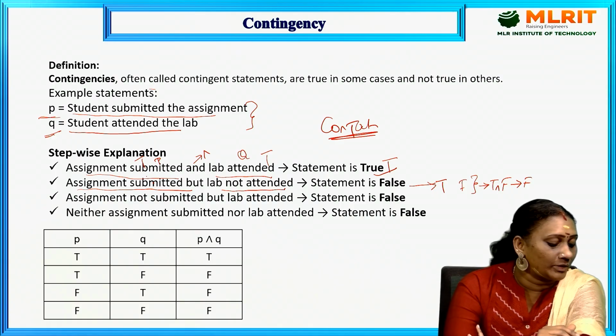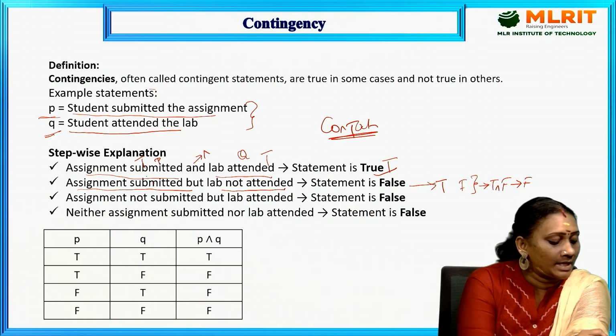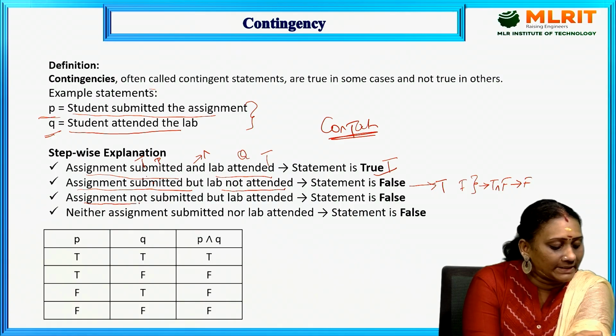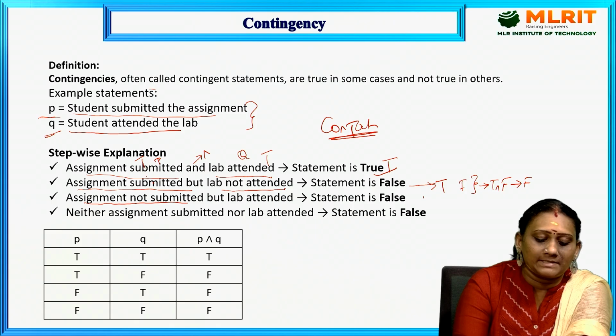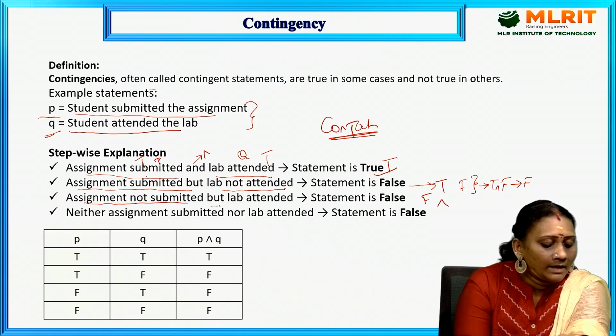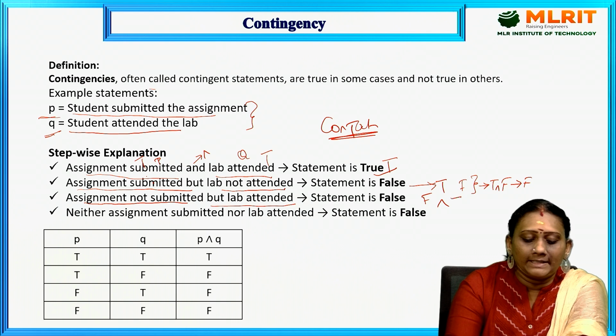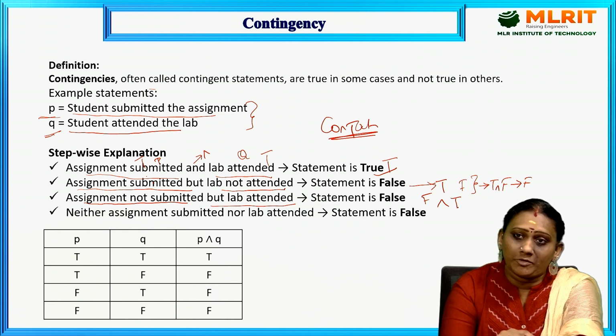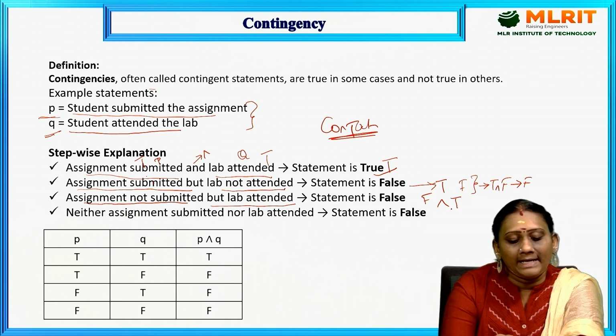Let us look at the third combination. Assignment not submitted: the first statement P is false here, and lab attended is true. Assignment not submitted is false and lab attended is true. So what will be the output for this?